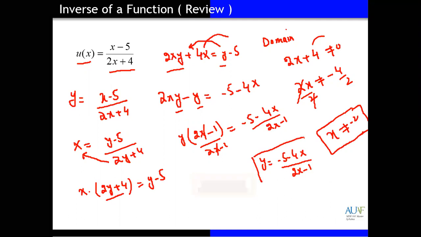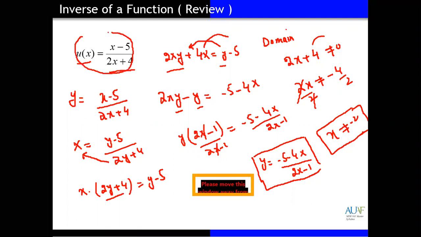And now find the domain of this function. The domain of this inverse function is equal to the range of the main function. This will be the range. Now again we have 2x minus 1 in the denominator.